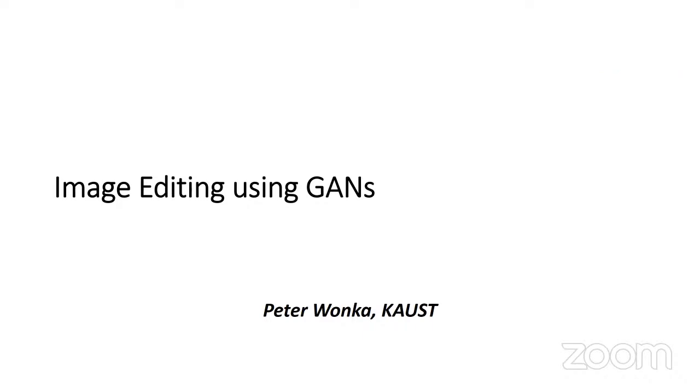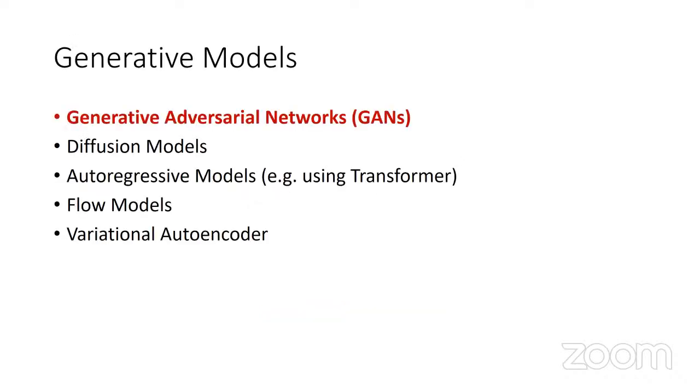So I'm going to talk about image editing using generative adversarial networks. In the last years, there are many competitors in the area of generative models. Generative adversarial networks have been one of the best models for many years now, but very recently we saw strong competition from two other models.